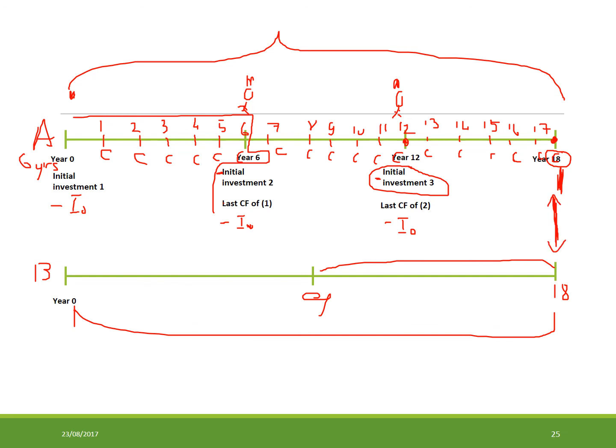So once we do this exercise, we can then calculate the NPV of the second project, and then we can validly compare the NPV obtained from these two calculations, yeah? So this exercise basically helps us to adjust for the different maturities of the two projects, yeah?